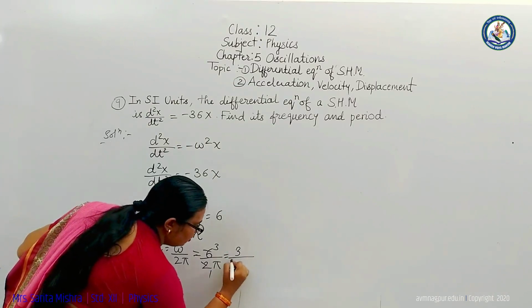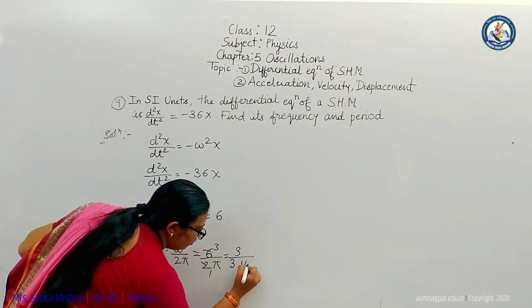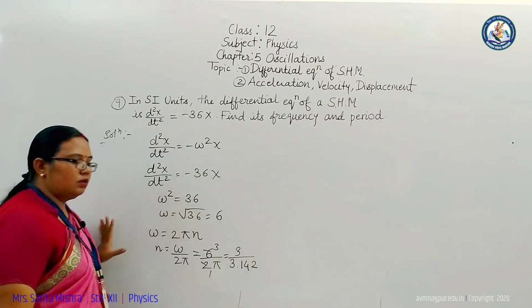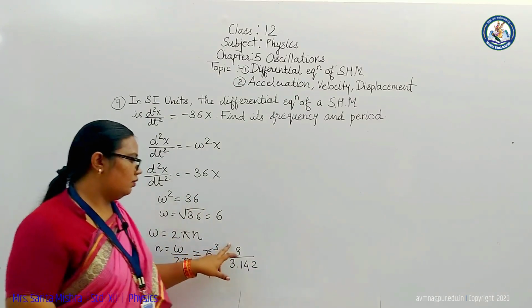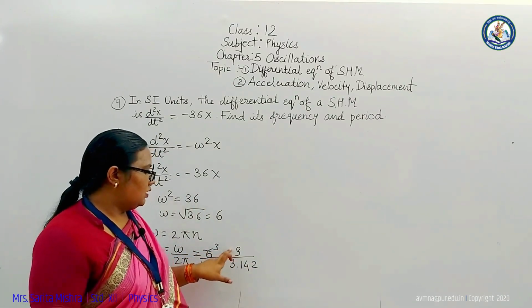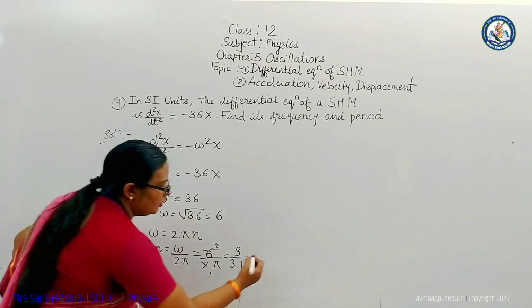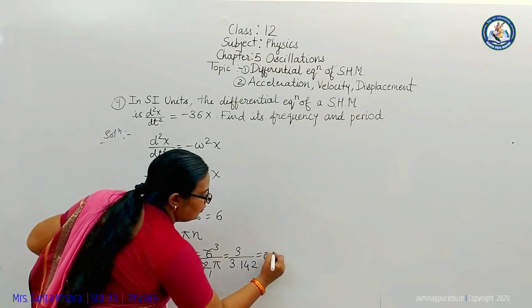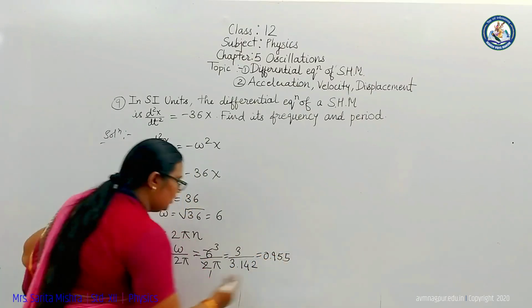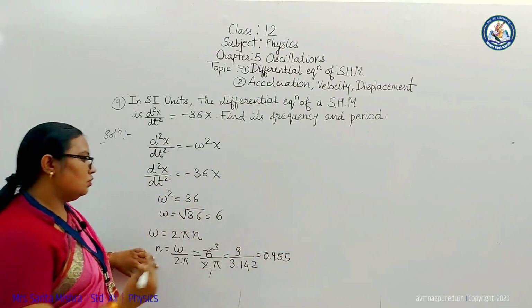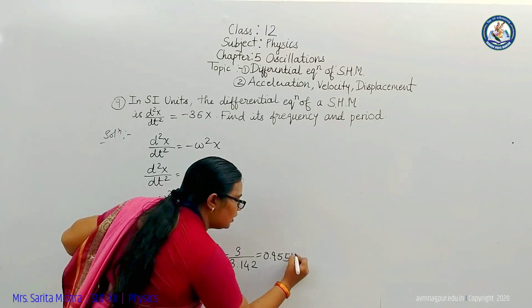So 3 upon 3.142. Using the log table, or you can divide it, we can find the value. 3 divided by 3.142 is 0.955. As this is the frequency, the unit of frequency is hertz.